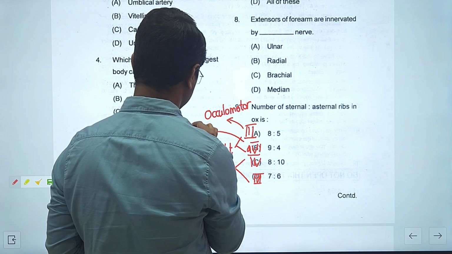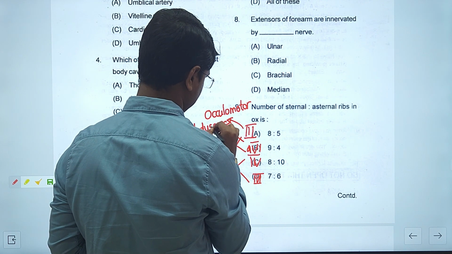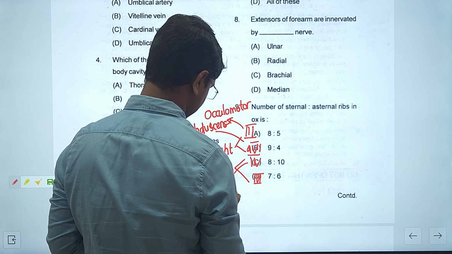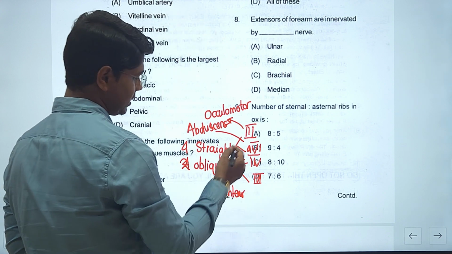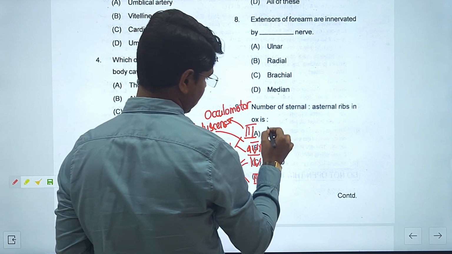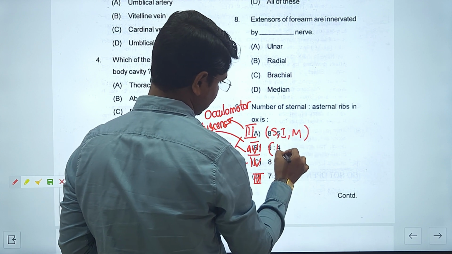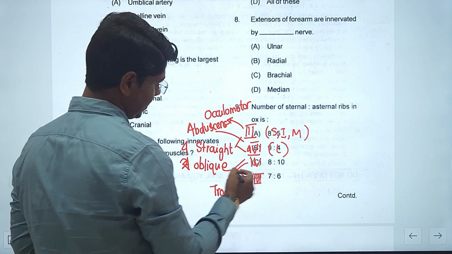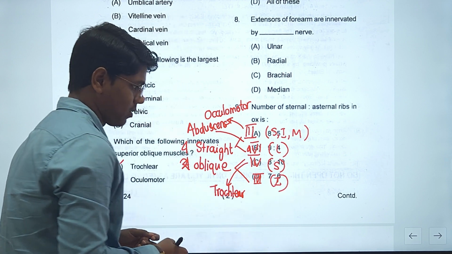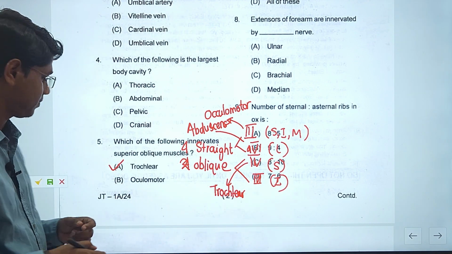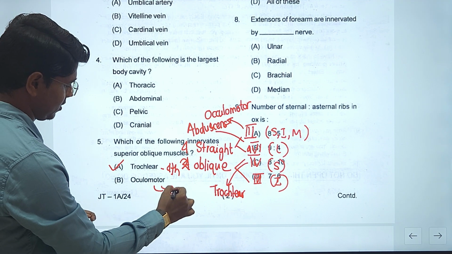Number 6 is the abducens. Number 4 is the trochlear. Number 3 innervates the superior, the inferior and the medial, and number 6 innervates the lateral one. So in oblique the superior is number 4, while the inferior one is the number 3 cranial nerve. So the answer is trochlear. The fourth cranial nerve is trochlear. Oculomotor is the third cranial nerve.